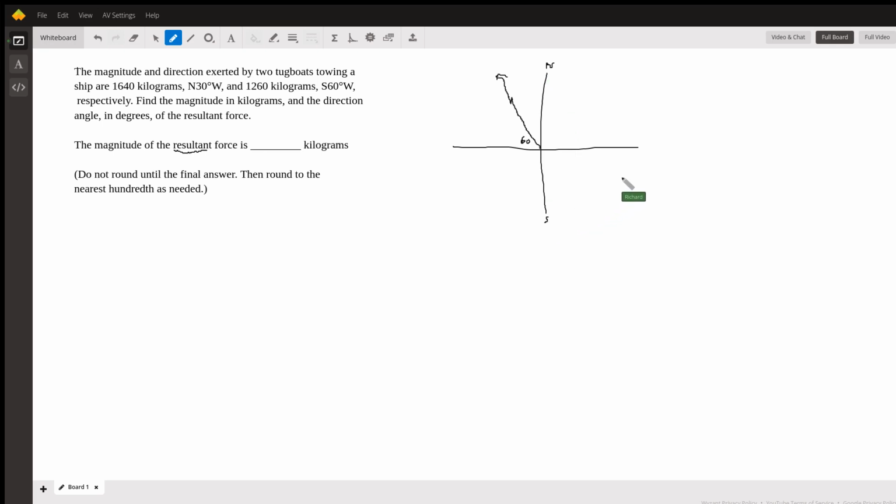We have north, south, east, and west here, obviously. And 30 degrees west means you start due north and then you move over toward the west 30 degrees, which will leave you with a 60-degree reference angle here. And then this length is 1640.